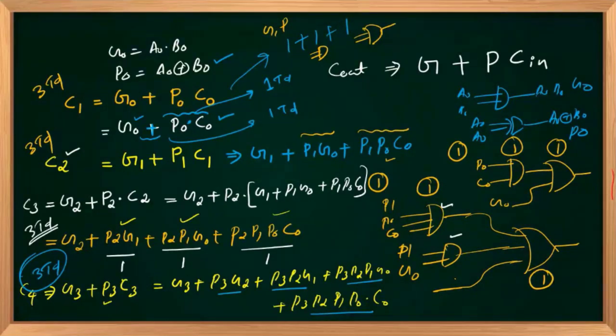So as the number of digits increases in my ripple carry adder, the time delay was increasing, but here it is a constant delay to produce all carry outputs, right? C1, C2, C3, etc. up to C4. Right? Is that clear? So that is the beauty of the carry look ahead adder. Done? Clear? Please copy this.